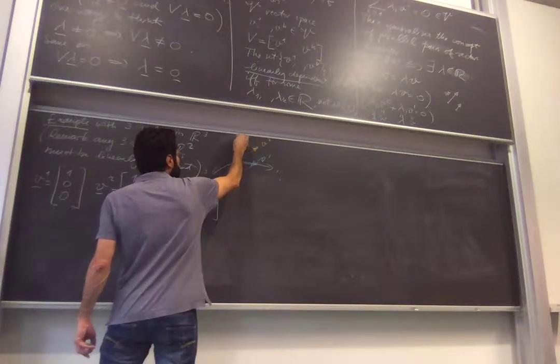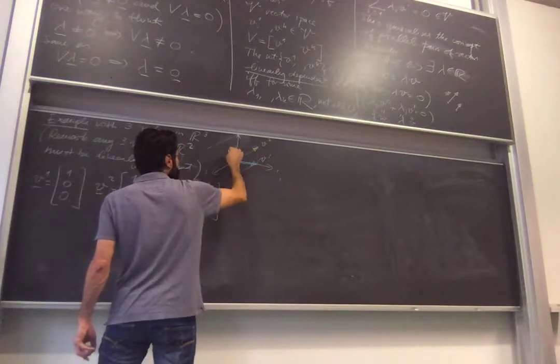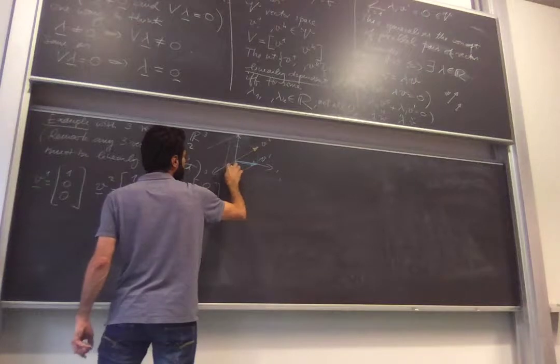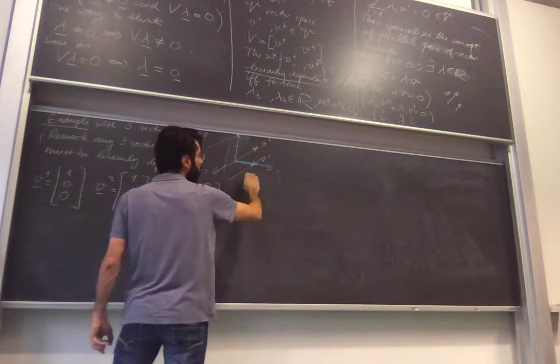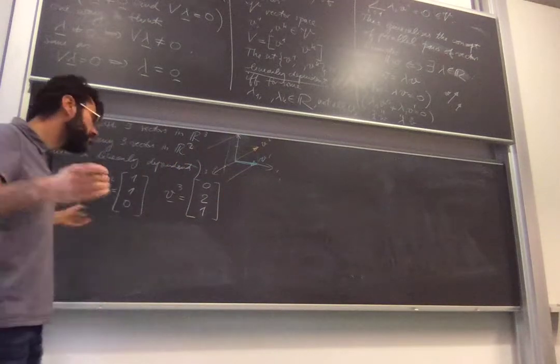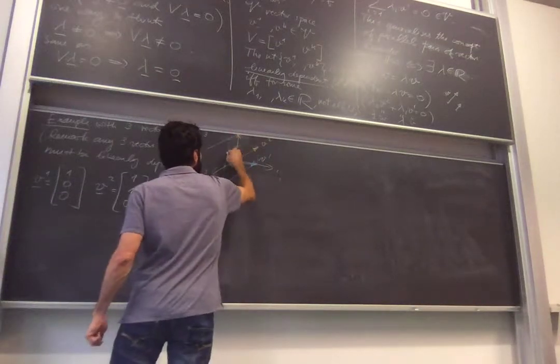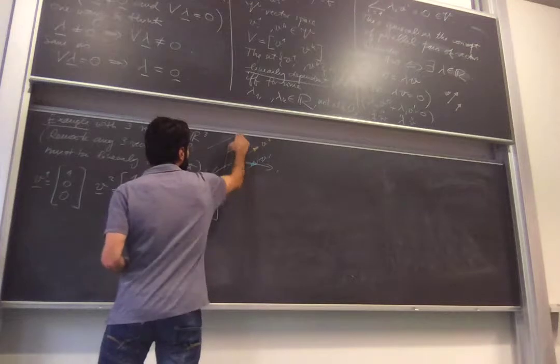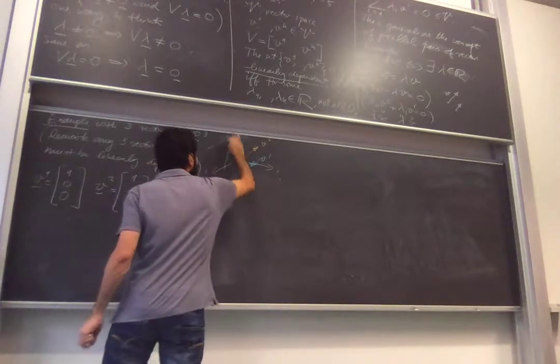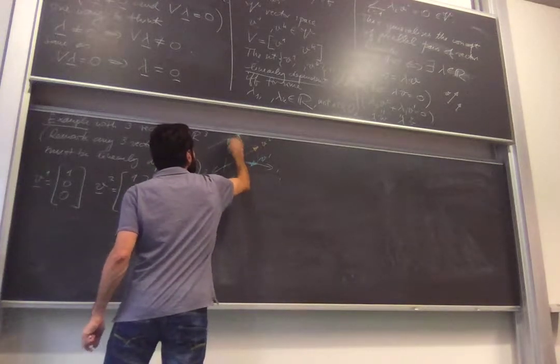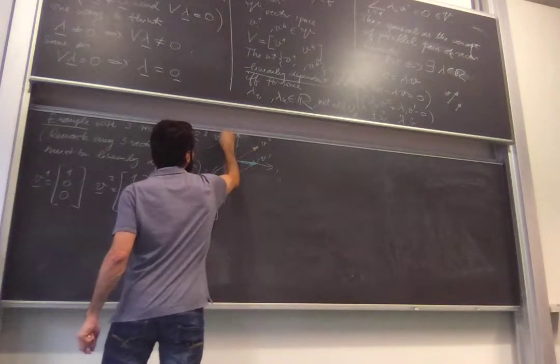That's my convention for drawing 3 dimensions, which is not everyone's, because many people prefer to do the horizontal one and then go up in the 3rd dimension. It's a question of choice. So this is 1, 2, and this is 1, and this is my vector V3.